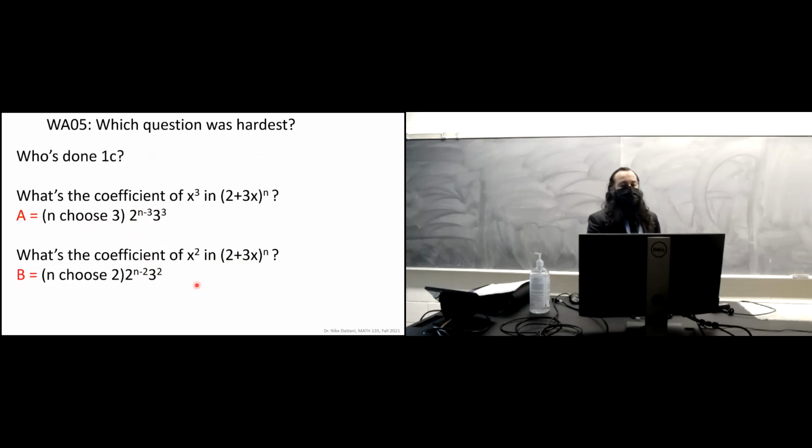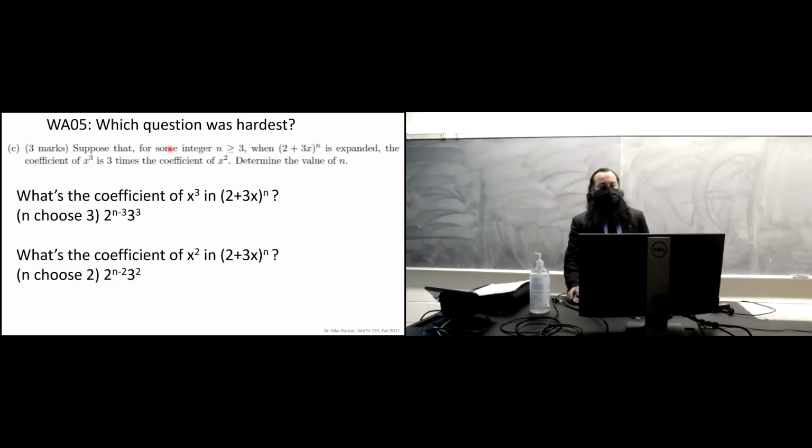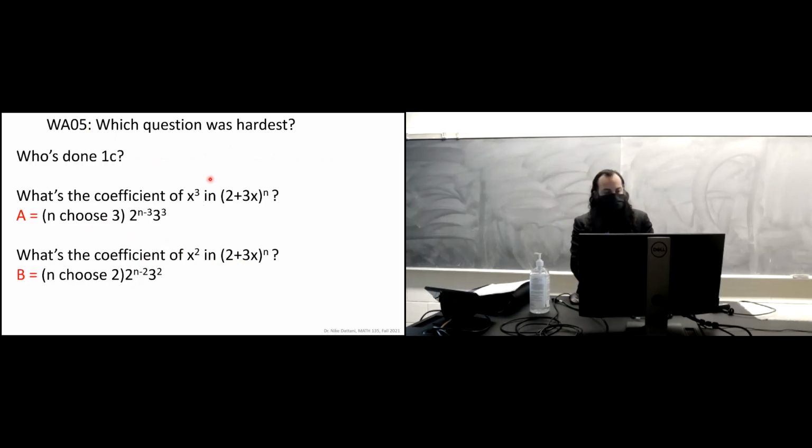Good. Now, here in the question, it says that the coefficient of x cubed is 3 times the coefficient of x squared. All right, so let's let the coefficient of x cubed be capital A and the coefficient of x squared be capital B. Got it?